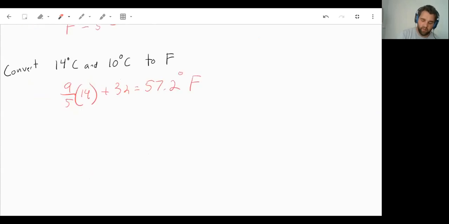What about we try the 10 degrees Celsius? 9/5 times 10 plus 32, that's going to come out to be 50 degrees Fahrenheit. So it was a 4-degree temperature difference in Celsius, but it was a 7.2 degree temperature difference in Fahrenheit. So that's just something that is kind of weird and unique between them.